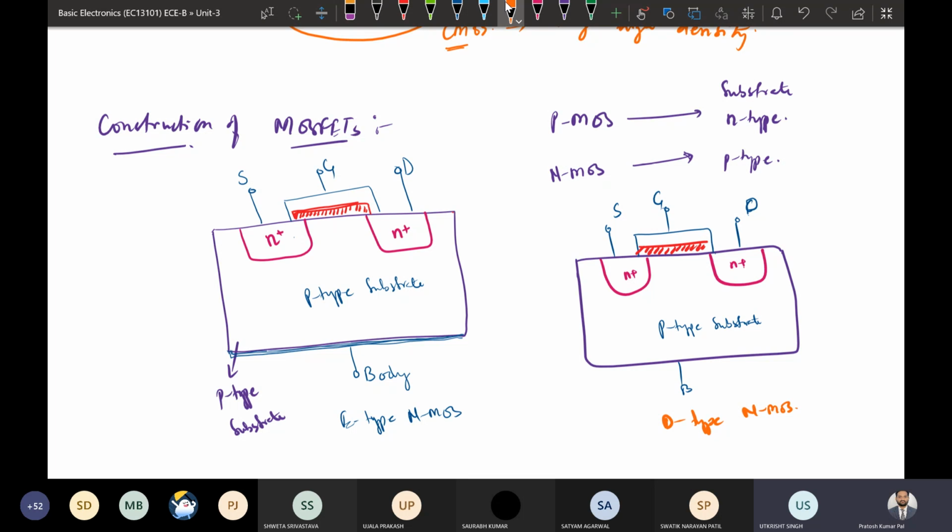That means as we are going to apply the negative terminal between gate to source, the positive charges will be coming out here. So initially there will be electrons, so there will be a channel formed. Already there will be a channel, and that channel is having electrons available in it.